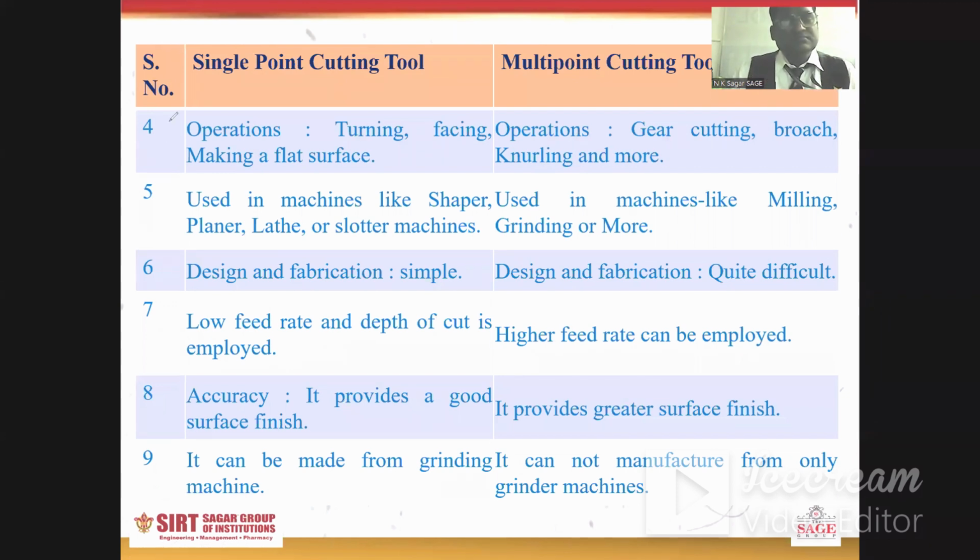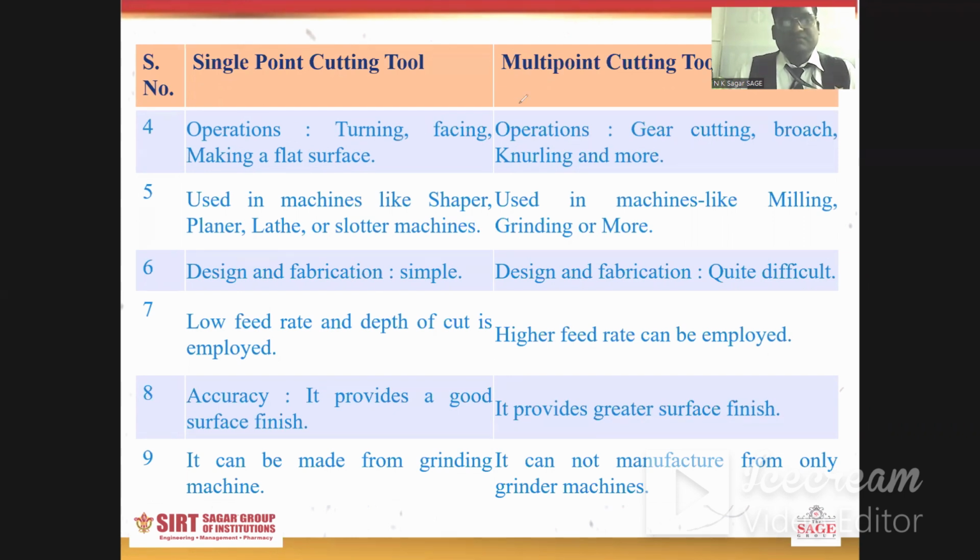Regarding operations in single point cutting tool: turning operation, facing operation, making a flat surface. These are the operations. Except these, there are more operations performed with the help of single point cutting tool, like boring operation, then parting off operation.